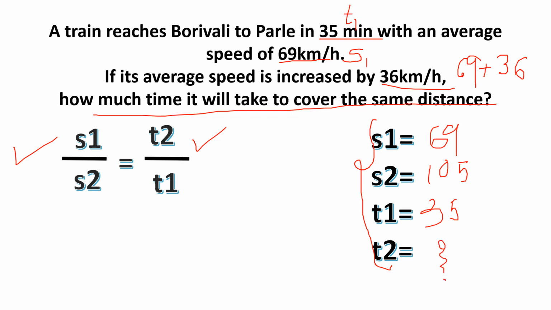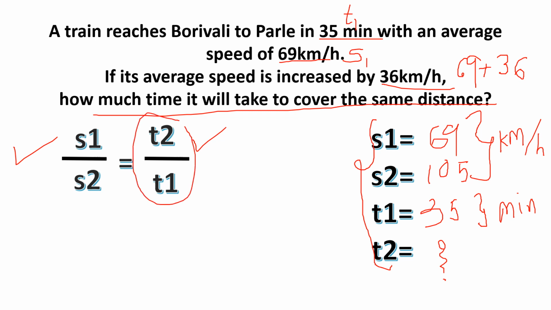Now S1 and S2 are in kilometer per hour and T1 is in minutes. So either I can convert it into hours or keep it as such. Why? Because this is a ratio. So if I have minutes here, I will be getting minutes for this too.